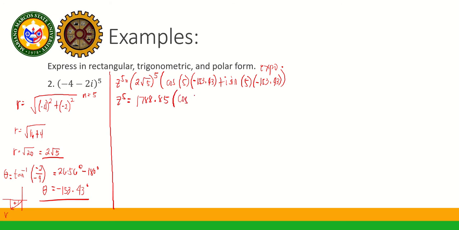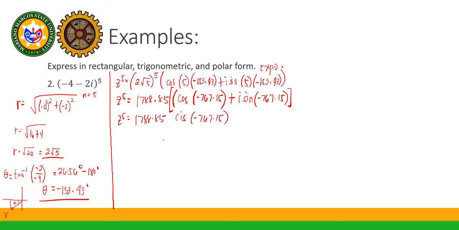So this is cosine negative 767.15, and then plus i sine negative 767.15 degrees. So, this is now in trigonometric, pero isulat natin sa mas easier na maintindihan. So, this will be equal to cis negative 767.15. And if we are going to transform this into rectangular form, so this is trigo.